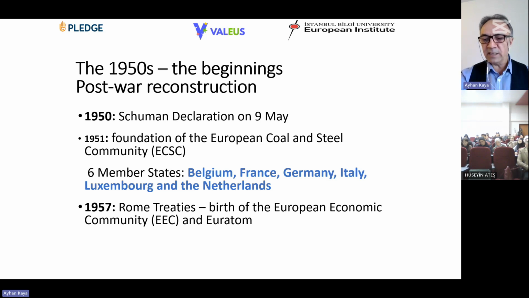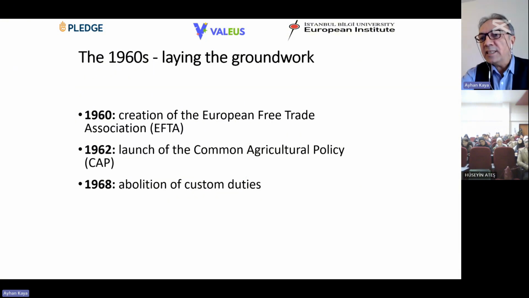In 1957, we had the Rome Treaty, the birth of the Economic Community and Euratom. In the 1960s, we have the creation of the European Free Trade Area called EFTA.